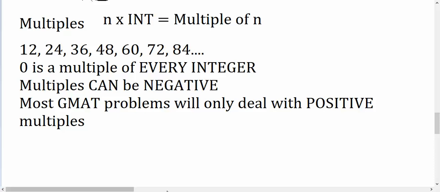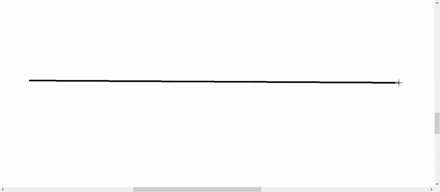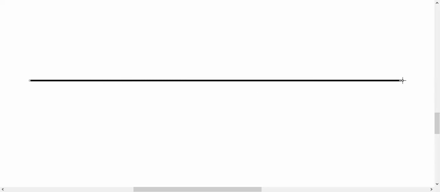Now I want to think a little bit about what multiples are and what they mean, in a slightly different way. To do this, I'm going to come back to the organizational tool that we saw right at the beginning, which is the number line. So the number line goes endlessly in both directions.